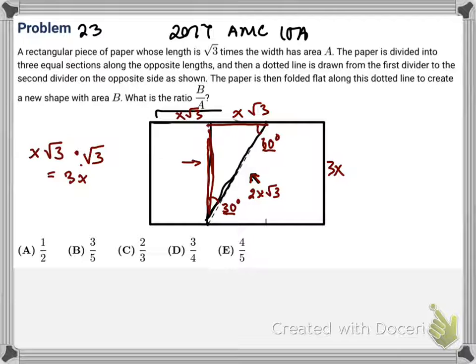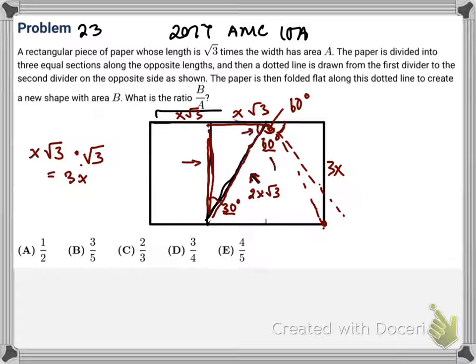Now I want to see how this is going to fold over. I can almost imagine picking up a piece of paper, and it's going to make this angle of 60 degrees where I'm reflecting it. So here's our 60-degree angle in between. Now I don't know where this is going to go. Is it going to end up matching? It'd be super convenient if it ends up just touching the vertex. How I'm going to figure that out is taking a look at this angle.